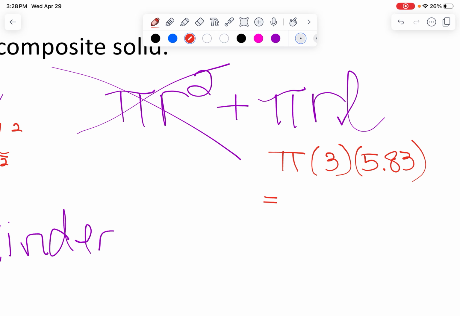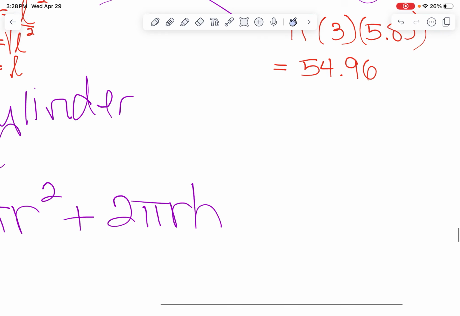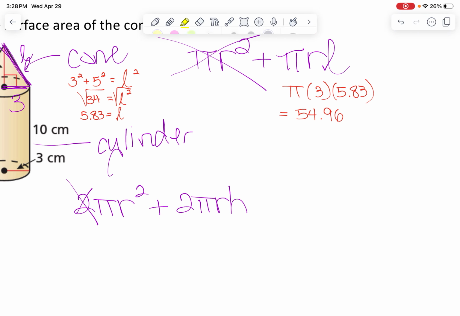I put the whole decimal in there, not rounded, so that might make a little bit of difference. But if you do this, you get about 54.96. Okay. So that's for the cone at the top. I'm going to highlight that just to remember that, hey, that's the one we're talking about.